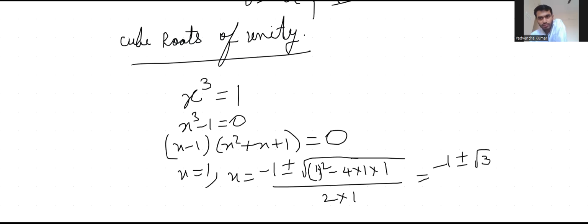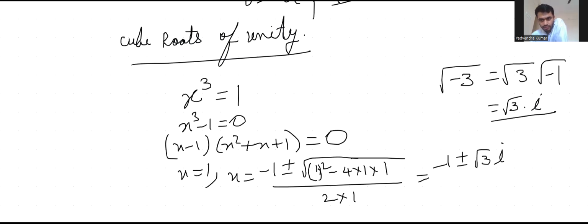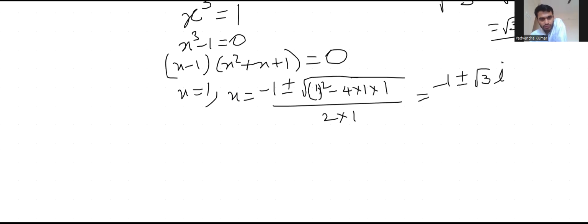Why? Because root under minus 3 can be written as root under 3 times root under minus 1, and this will be root 3 iota. Right? Now, divided by 2. So here I am going to define these 3 roots: first root as 1, another root as omega, and another as omega square.